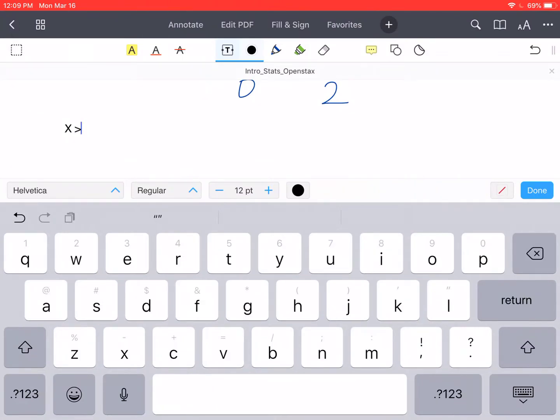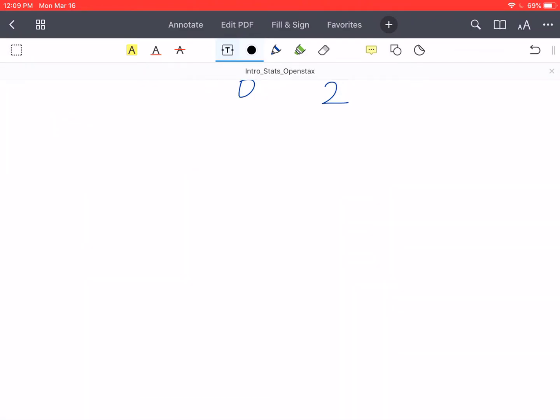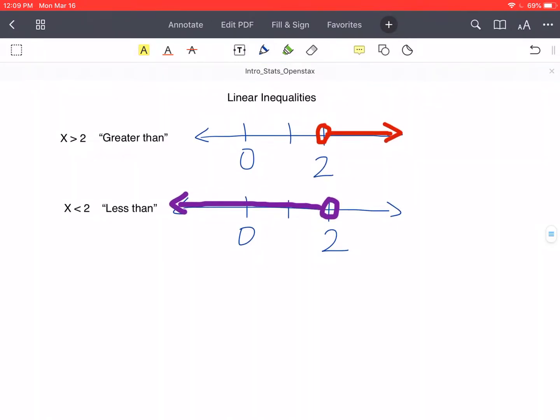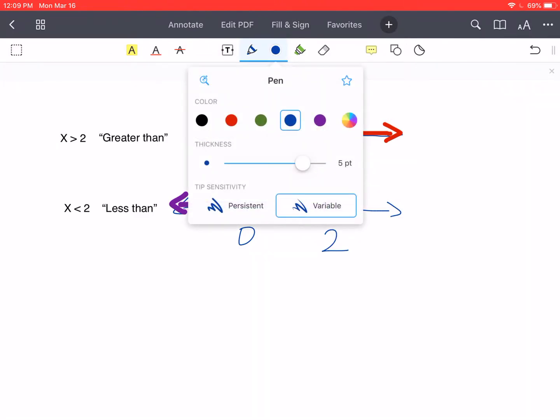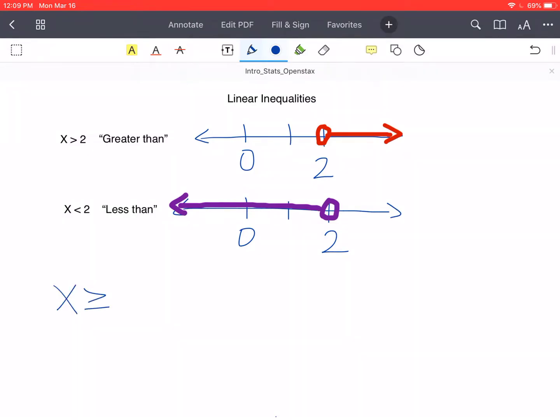I don't think it'll let me do that on here, let me just write it. So we can have x greater than or equal to 2.